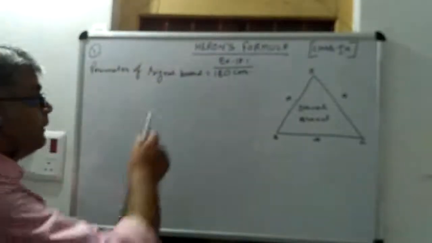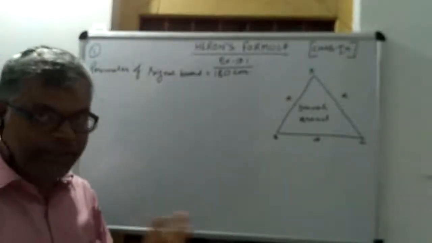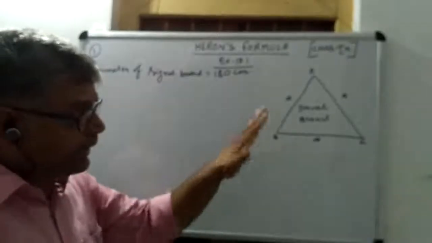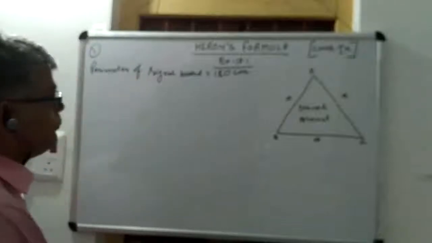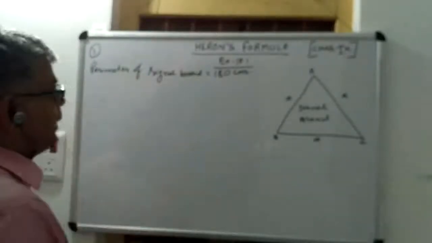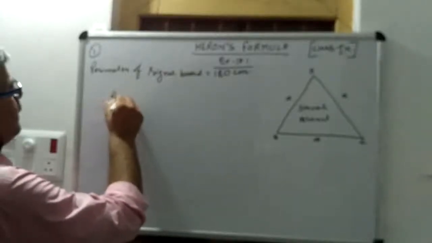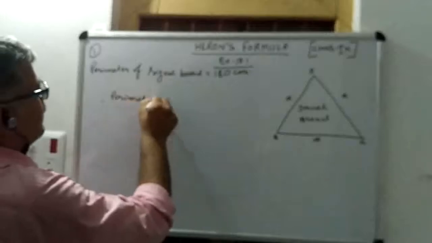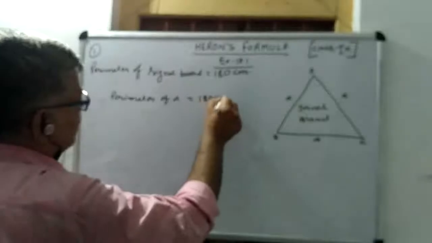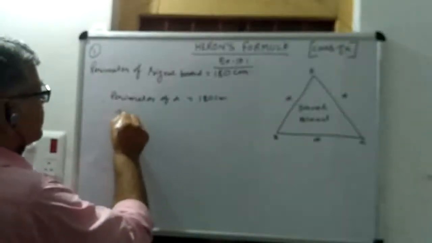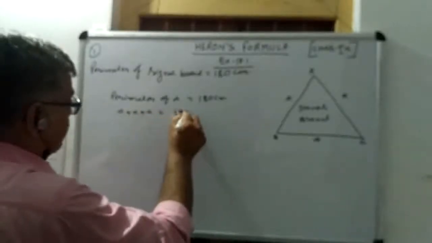Here the perimeter is given, so we can find its semi-perimeter by directly dividing by 2. But to get its sides, which are equal, we have to use the formula for the perimeter of a triangle. The perimeter is given as 180 centimeters, and the perimeter is the sum of all three sides, and all three sides are equal, that is a.